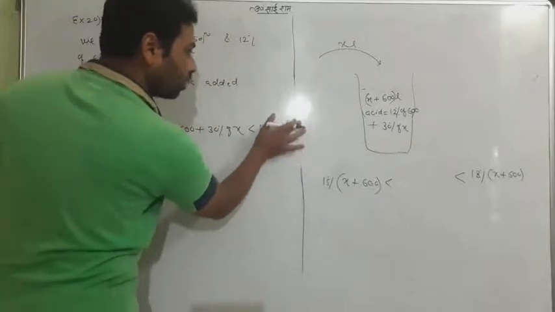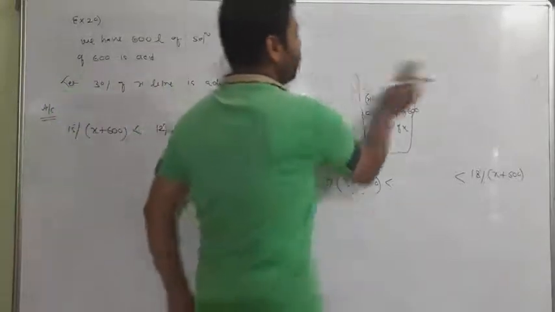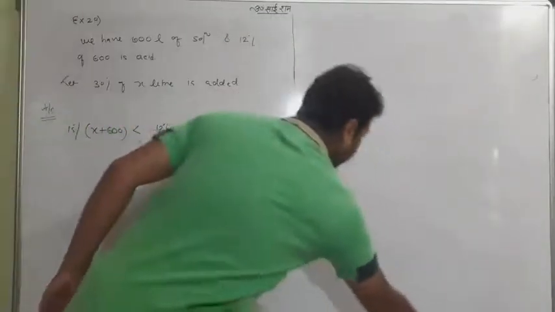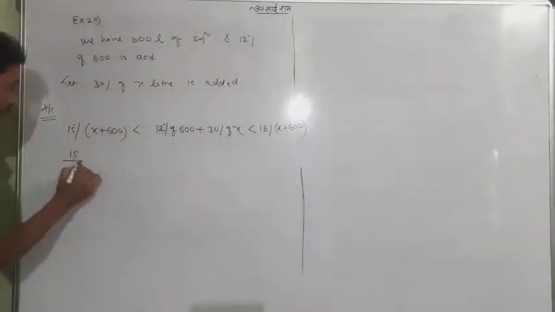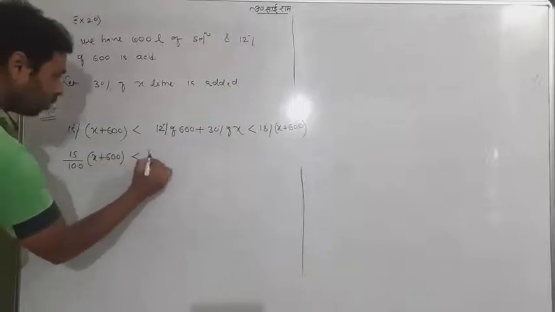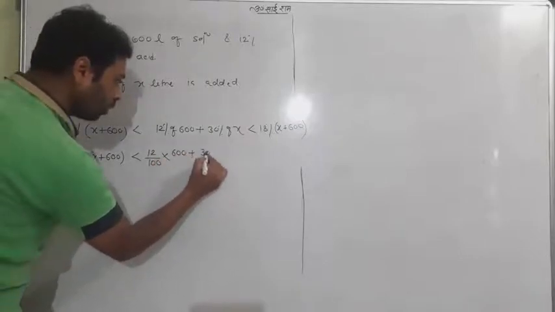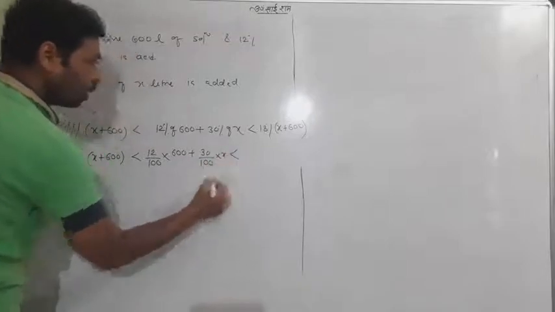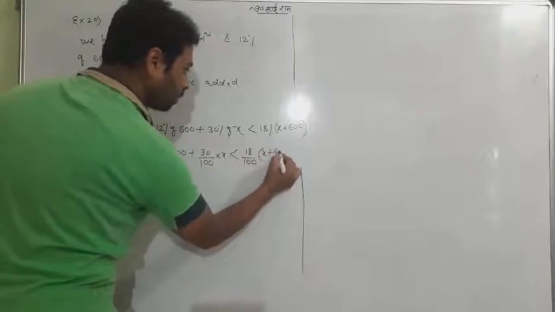This is the question. Now I will solve this from my side and find the value of X. So how can we find the value of X? Look at it. First I write 15 by 100 of (X plus 600), 12 by 100 of 600 plus 30 by 100 into X, and 18 by 100 into (X plus 600).